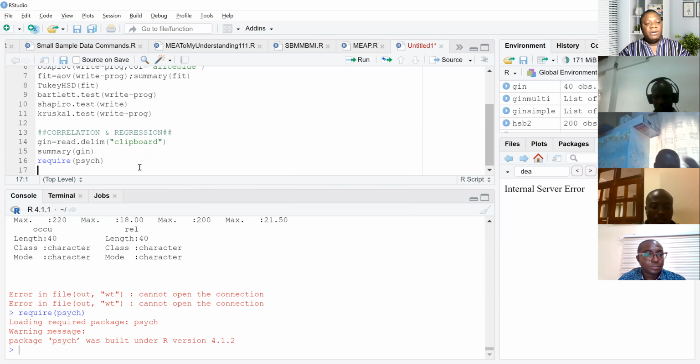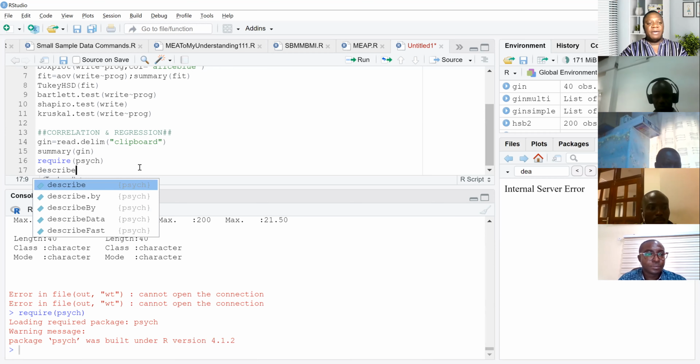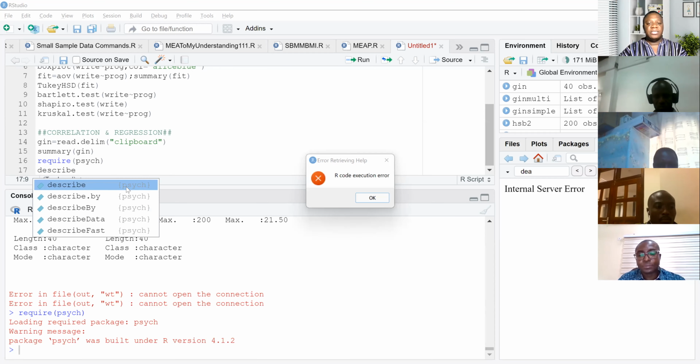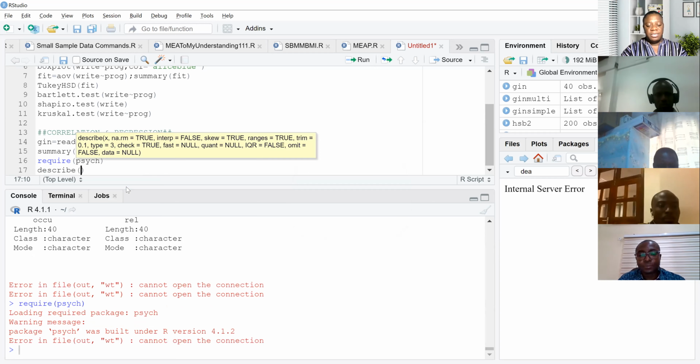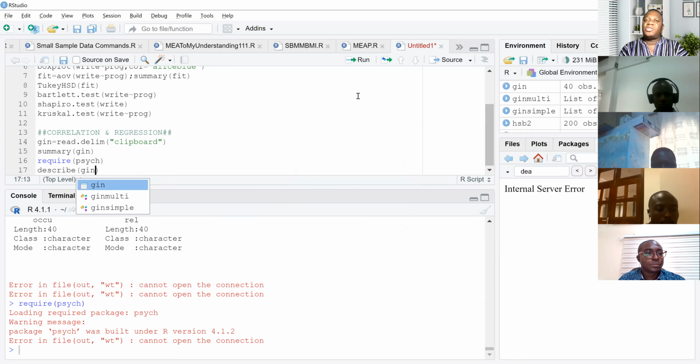After typing require(psych), then you type describe(gin). That describe(gin) is going to give you more descriptive stats than the summary(gin).